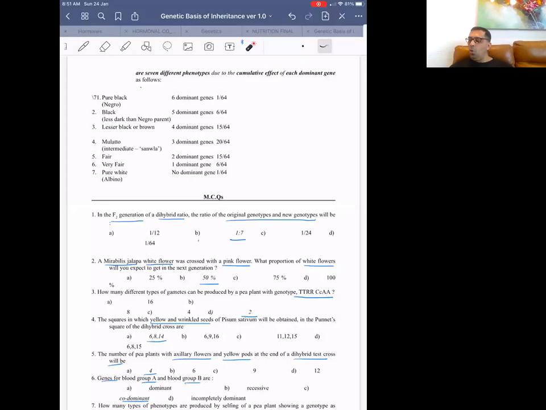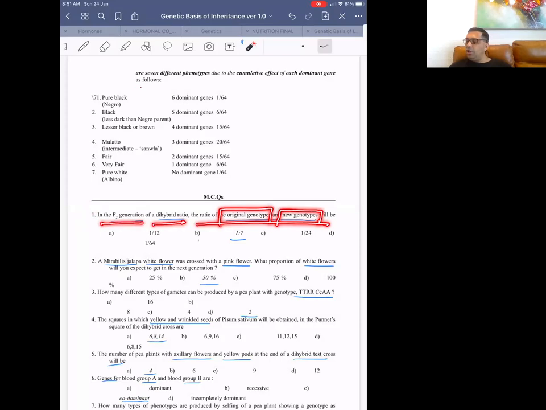All right. So we have the first of your MCQs. In the F2 generation of a dihybrid ratio, what is the ratio of original genotypes and new genotypes? How many original genotypes and how many new genotypes will we get in the F2 generation?